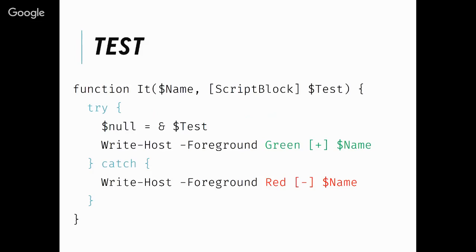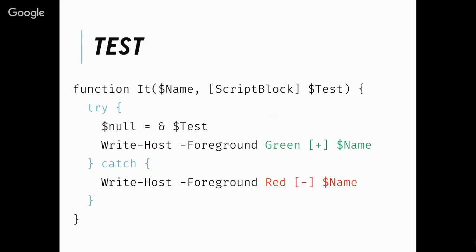This is really the gist of how it looks inside of the framework. So we have a try-catch block that helps us to catch the exception from the assertion or the exception from the code. And what we then do is that we use the execution operator to run the test block, and we throw away all the output.